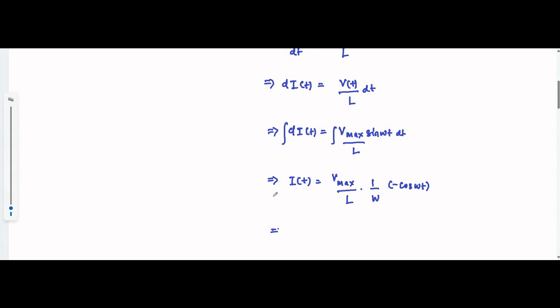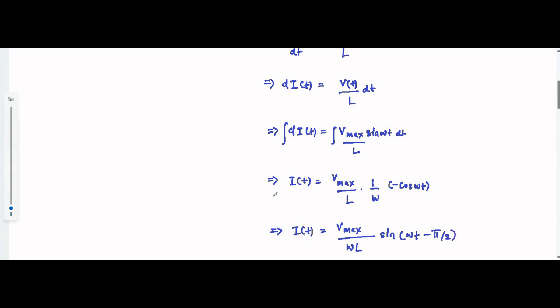So we can write it as iT is equal to Vmax by omega L. We can write minus cos omega t as sine omega t minus pi by 2. Why?